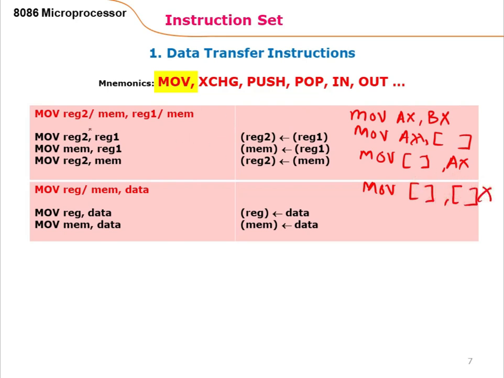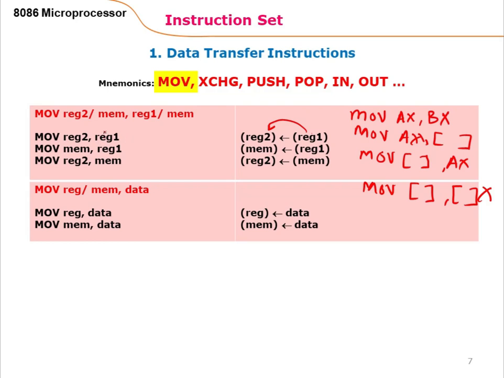When we use MOV register 2, comma, register 1, the content of register 1 is transferred to register 2. When we use MOV memory, comma, register, the contents are transferred to the memory, and similarly when we use MOV register 2, comma, memory, the contents of the memory location are transferred to register 2.